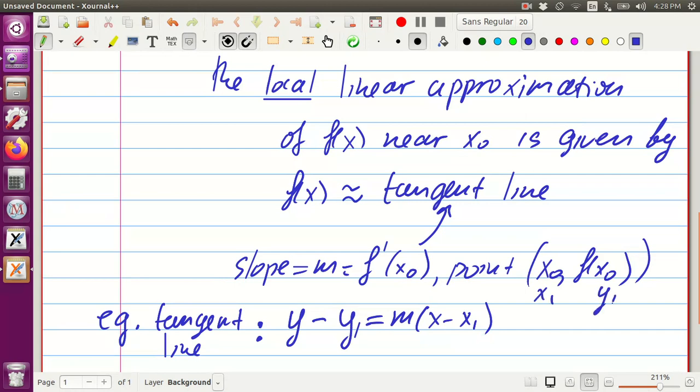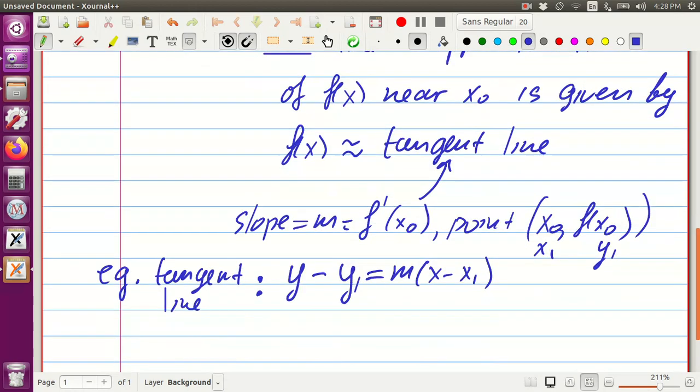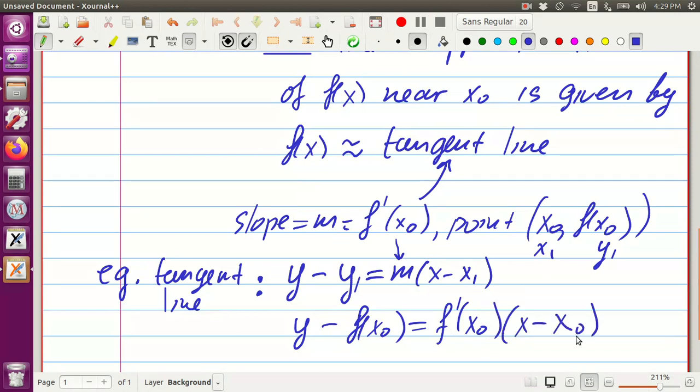This is our y1, and our m is f prime of x sub 0. So we get y minus f of x sub 0 equals f prime at x sub 0 times x minus x sub 0, since that's what our x1 is.